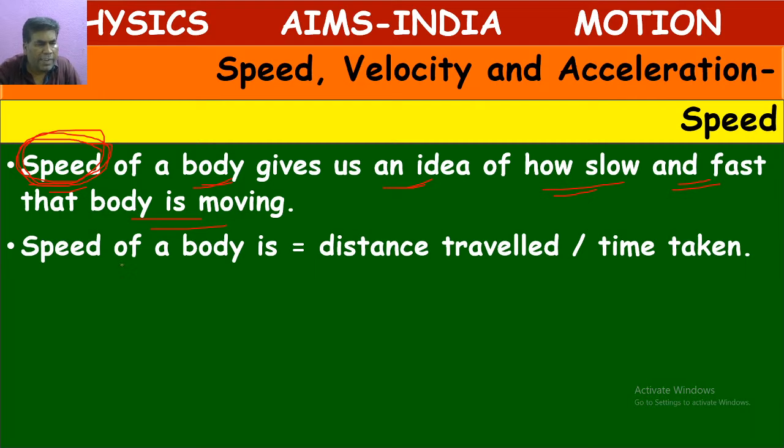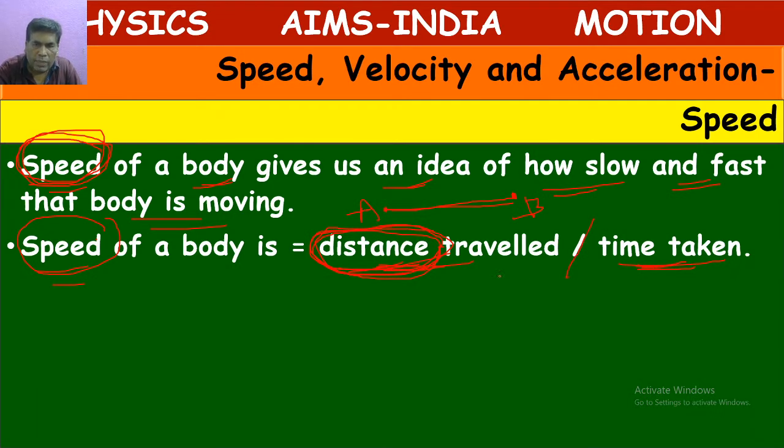Okay, how to calculate the speed of the body? Because we are traveling some distance. Suppose from point A, which is my house, I went to my friend's house, which is at point B. From A to B, I have traveled a distance. For traveling this distance, I will take some time.